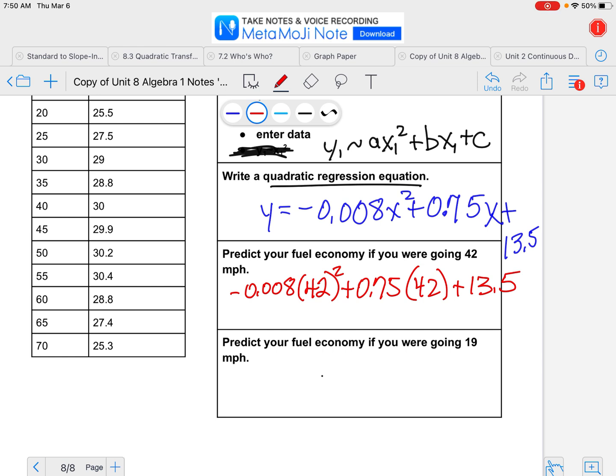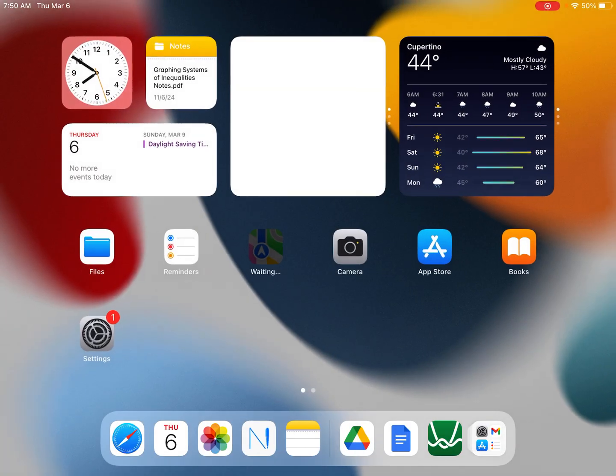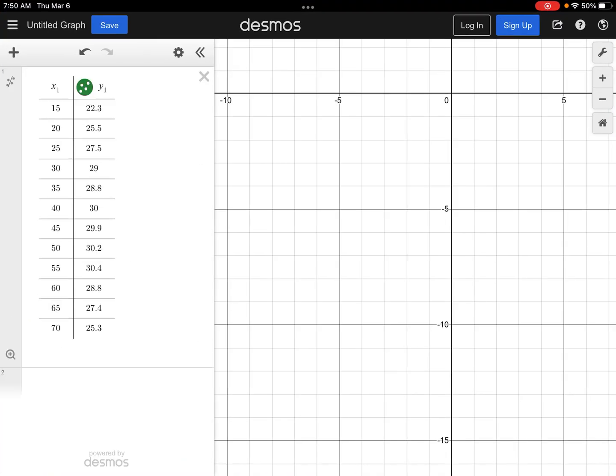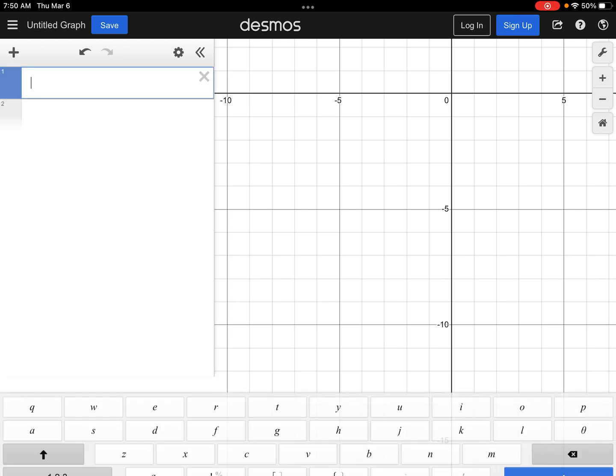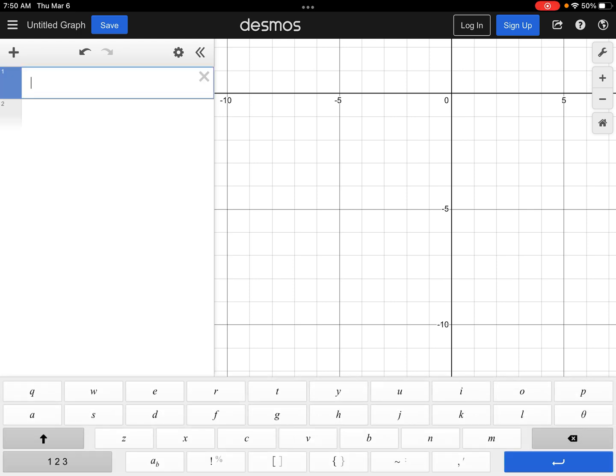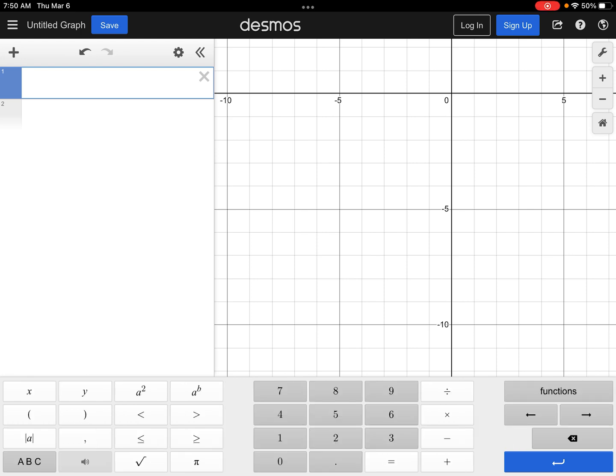Or you can go, and this is kind of what I prefer to do because you can get so much information that way. Go back to Desmos and erase or X out what you have and put your equation in that you just wrote.